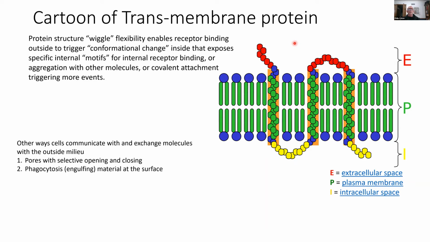And the proper transmembrane protein is such that if you attach something to it at this end, it has enough wiggle and flexibility that it can actually wiggle a little at this end. And what wiggles at this end inside the cell then sets up a process that initiates a reaction of whatever the particular protein is supposed to initiate.